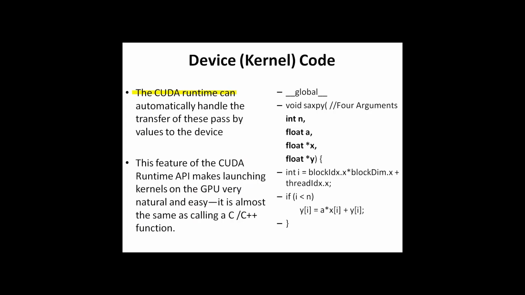So the CUDA runtime can automatically handle the transfer of these pass by value arguments to the device. This feature of the CUDA runtime API makes launching kernels on the GPU very natural and easy. It is almost the same as calling a normal C++ function.